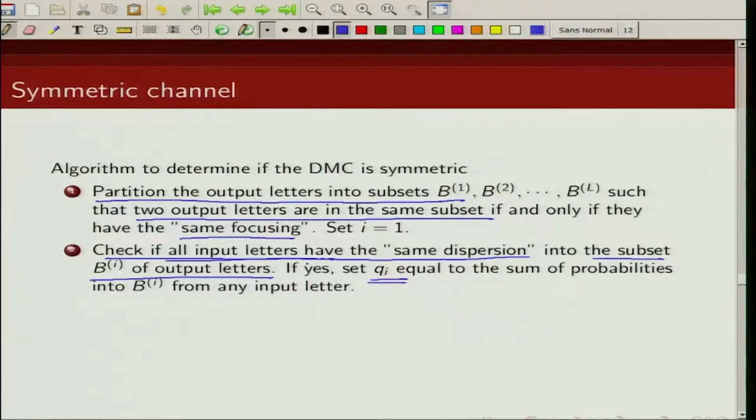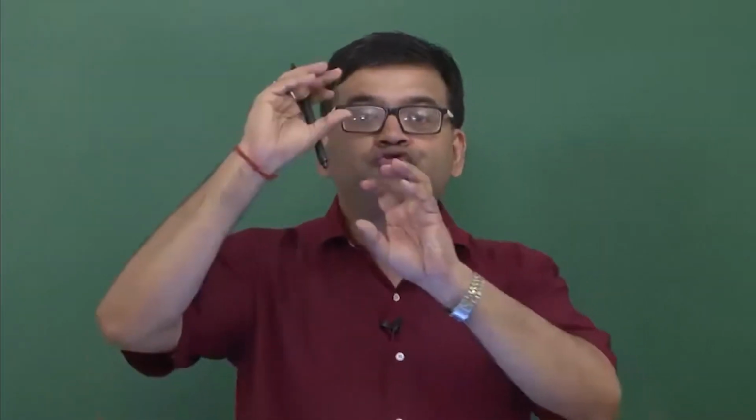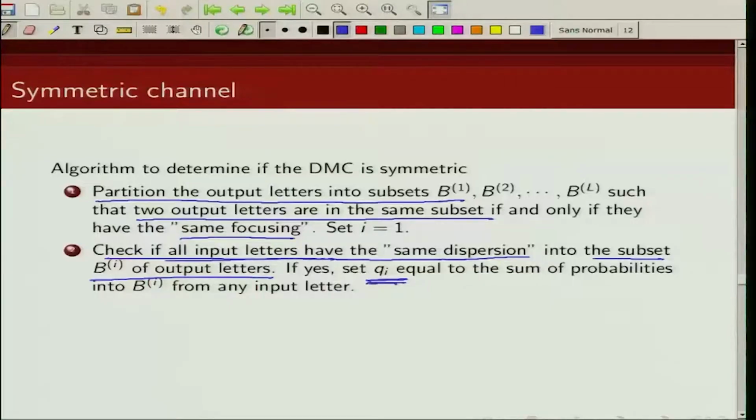So if all input letters have the same dispersion into that particular subset of output letters, then we should be able to partition our channel into strongly symmetric channels, and we are going to select each of these channels with probability Qi, which is equal to the sum of probabilities from the input to that particular subset Bi.